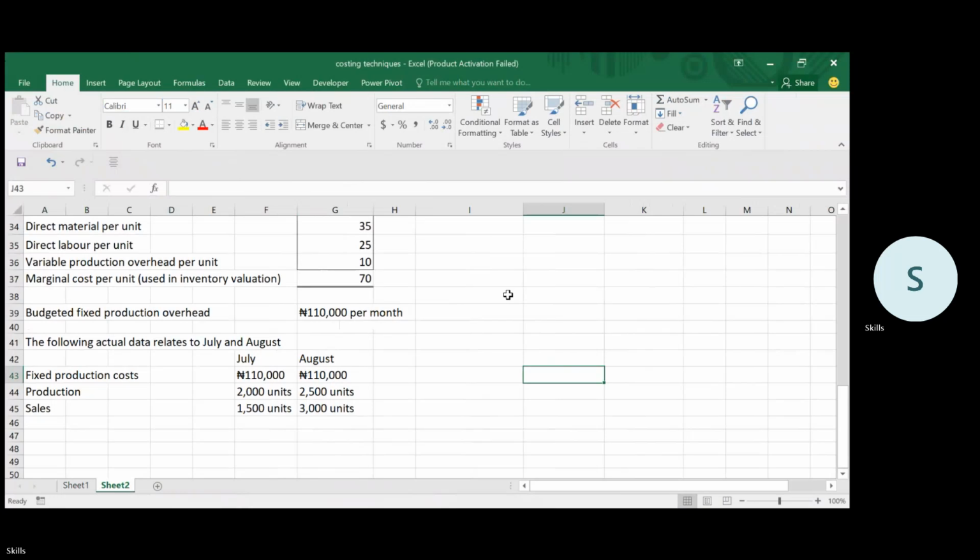So now, the first thing we work out here is the sales, July and August.